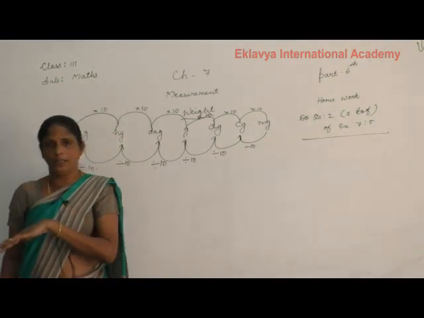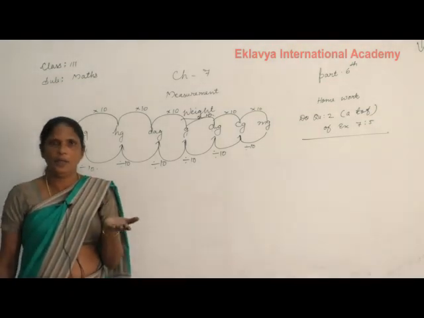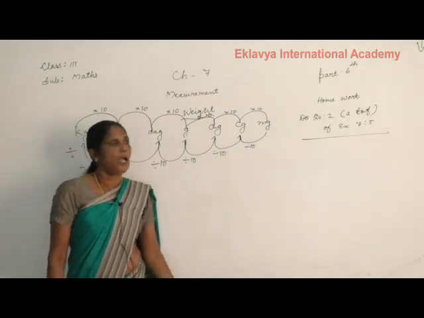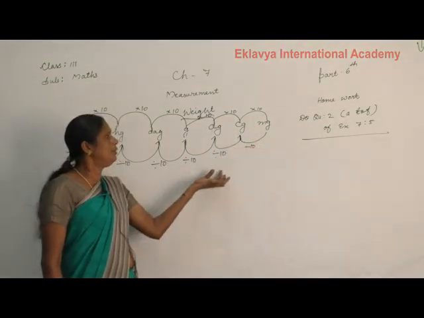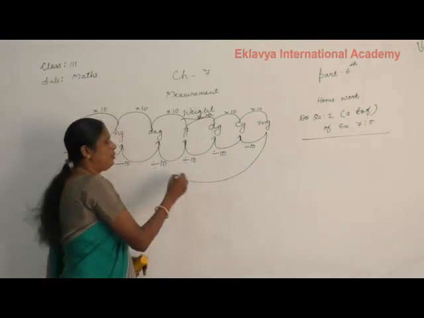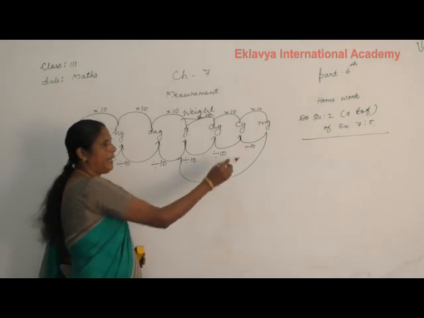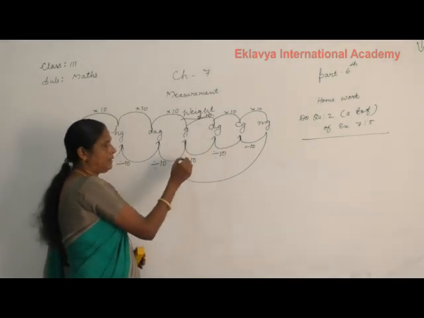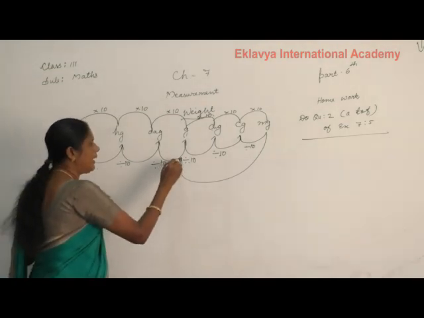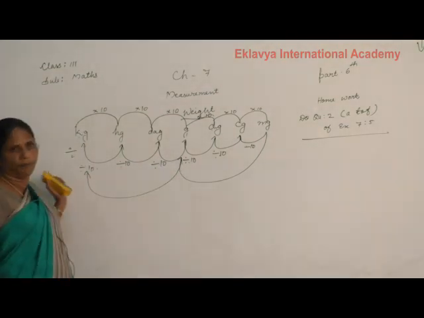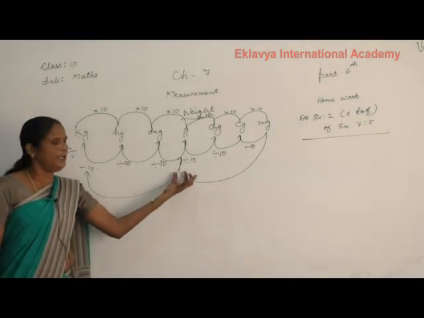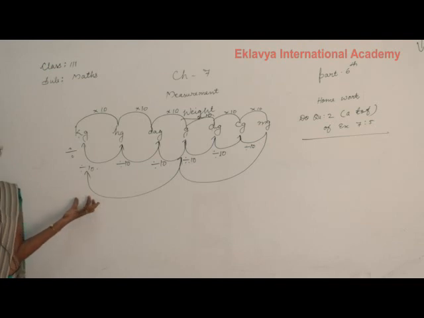Smaller to bigger, we divide according to the unit. Milligram into gram, we divide by 10, 100, 1000. We divide by 1000. Gram into kilogram, we divide by 1000.